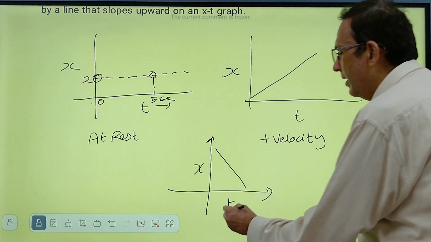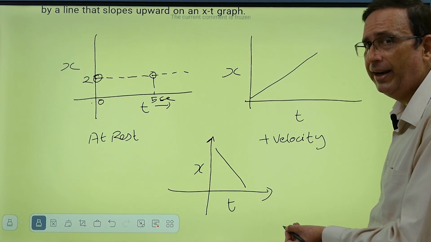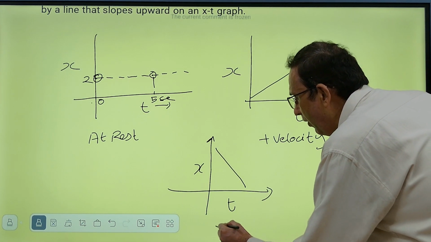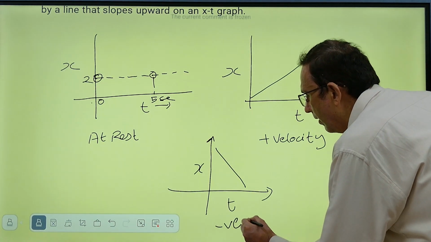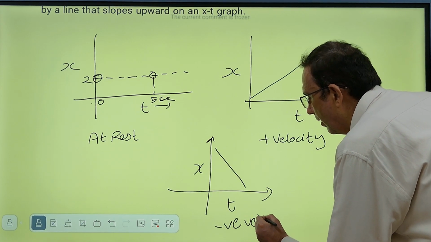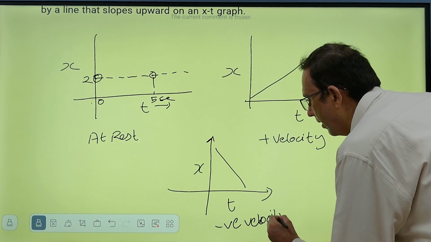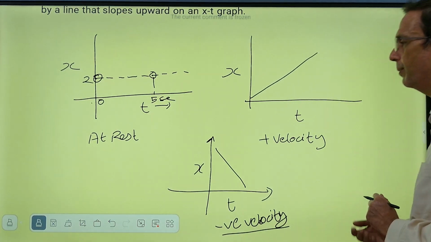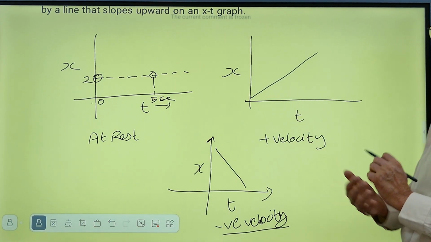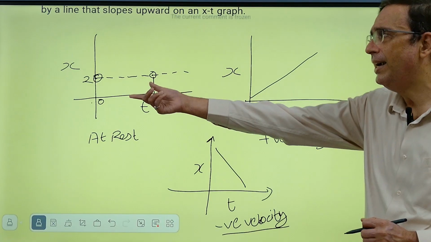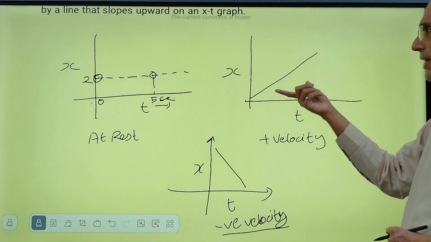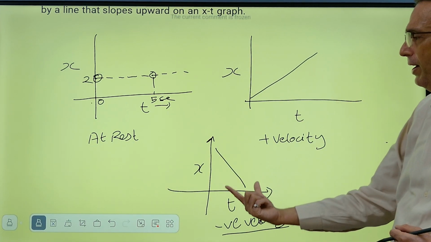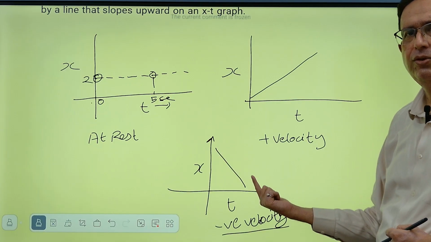In that case, it is moving in the opposite or negative direction, and that is negative velocity. So you can see the different cases for a uniform motion: either at rest, or with a positive velocity having a positive slope, or negative velocity with a negative slope.